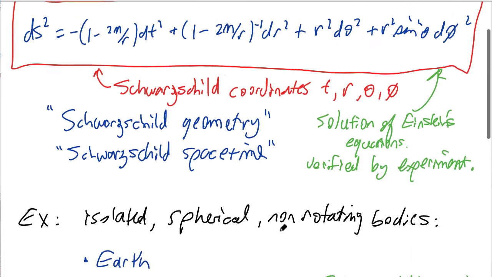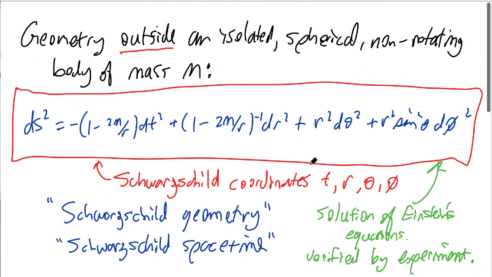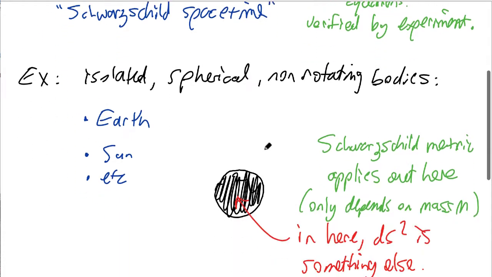Let's take another look at the Schwarzschild metric, and let me make a comment about units. In writing the metric this way, I've assumed that the speed of light and Newton's constant are both equal to 1. So the units have been chosen so that c and big G are both equal to 1.